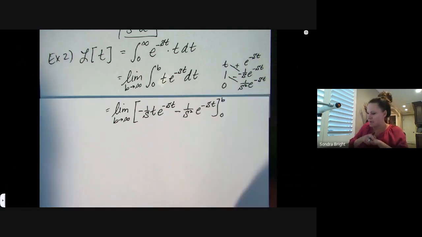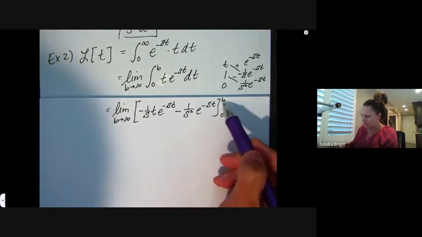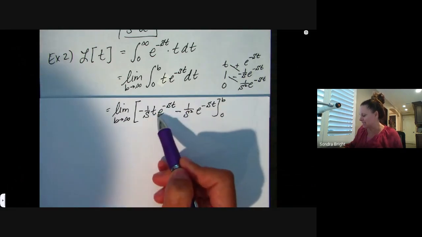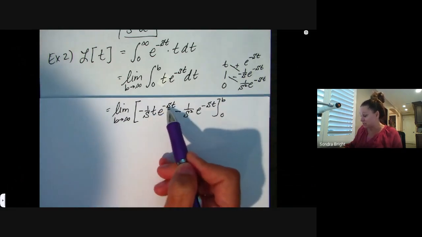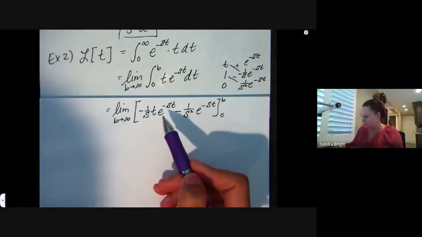All right. So now, again, limit as b goes to infinity, and you're plugging the b into t. So you'd have an e to the negative sb. So that does zero out because the e is down in the denominator, and you're taking b to infinity.